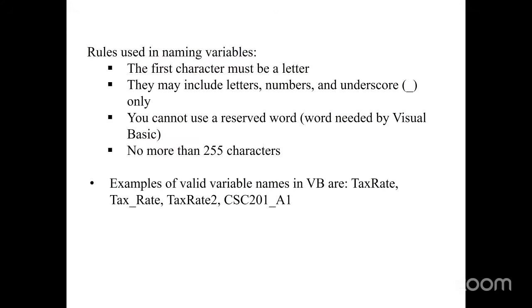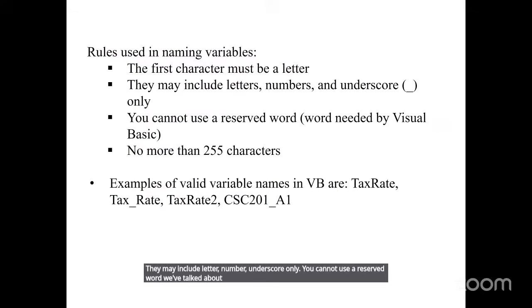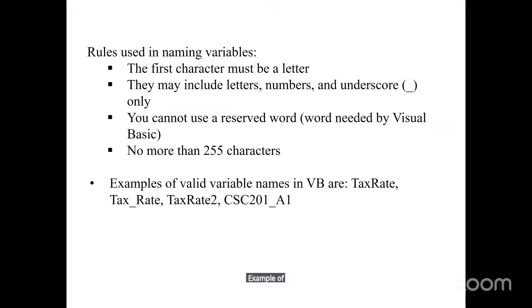These are rules that you must follow in naming your variable. The first character must be a letter. They may include letters, numbers, and underscore only. You cannot use a reserved word, which we've talked about, and the name must not be more than 255 characters. Examples of valid variables are tax rate, tax_rate, taxPQ, CSC.